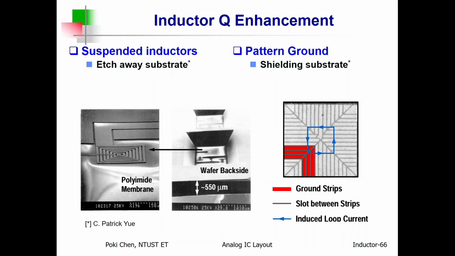If you would like to enhance the Q factor even further, then you can make the inductor stand up. It becomes a vertical instead of a horizontal one, right? But how to make the horizontal inductor stand up to become a vertical one?